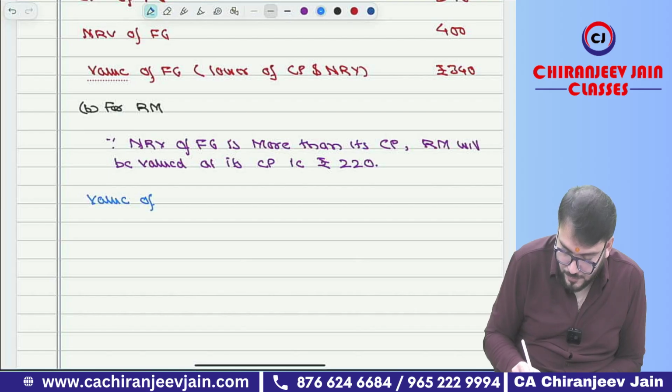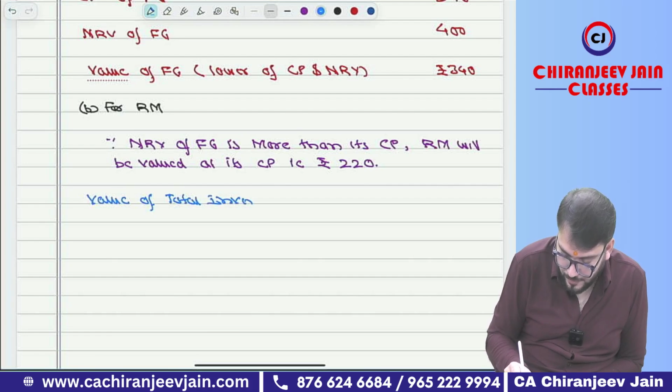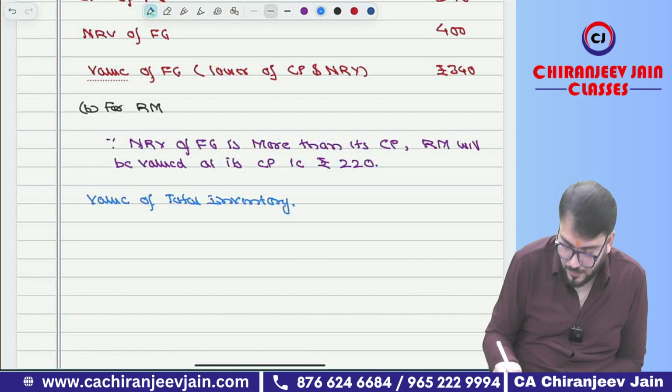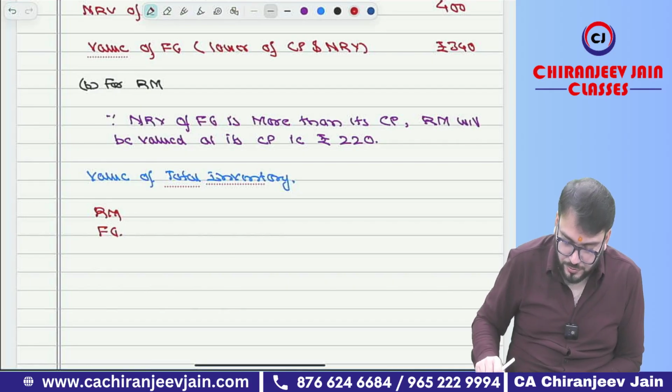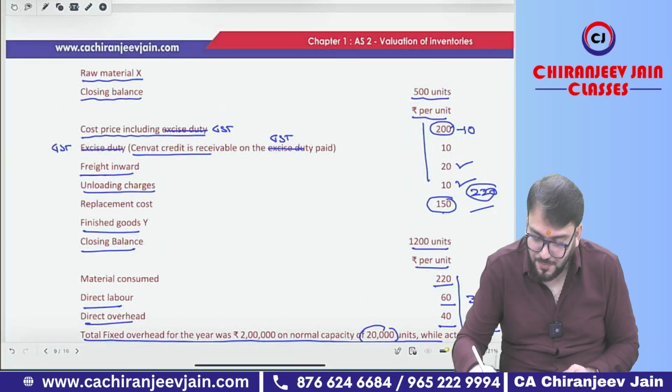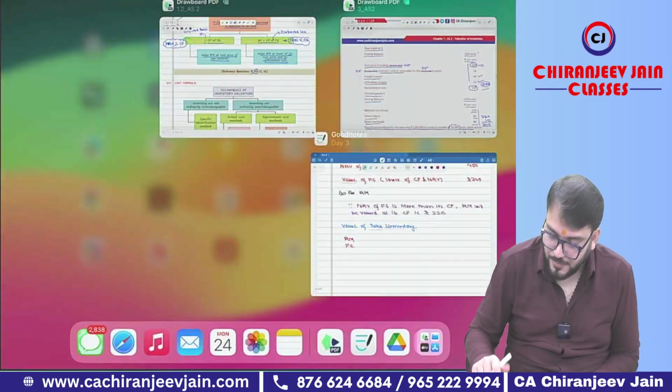Value of total inventory, raw material and finished goods. What are the balances? Balance 500 and 1200.